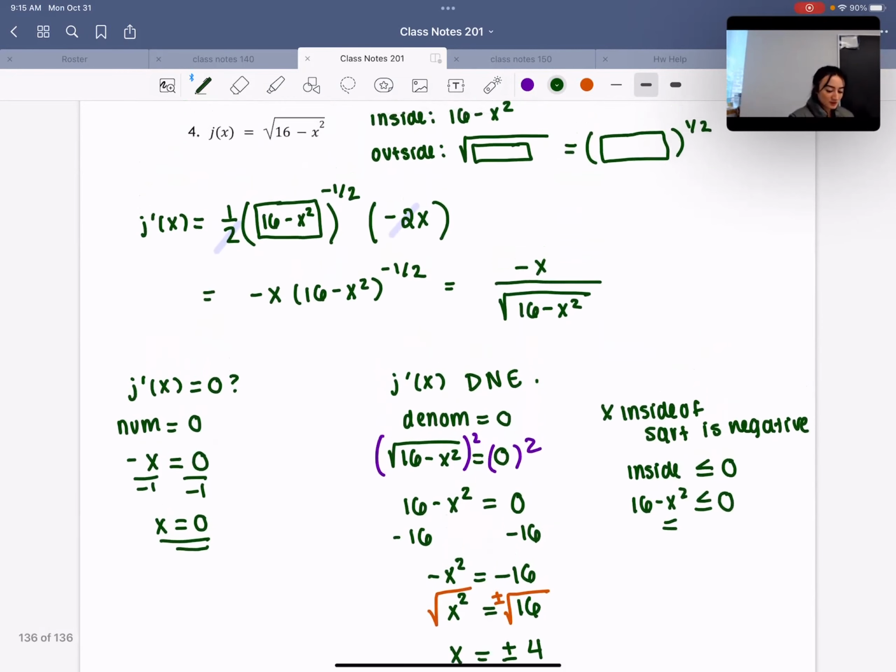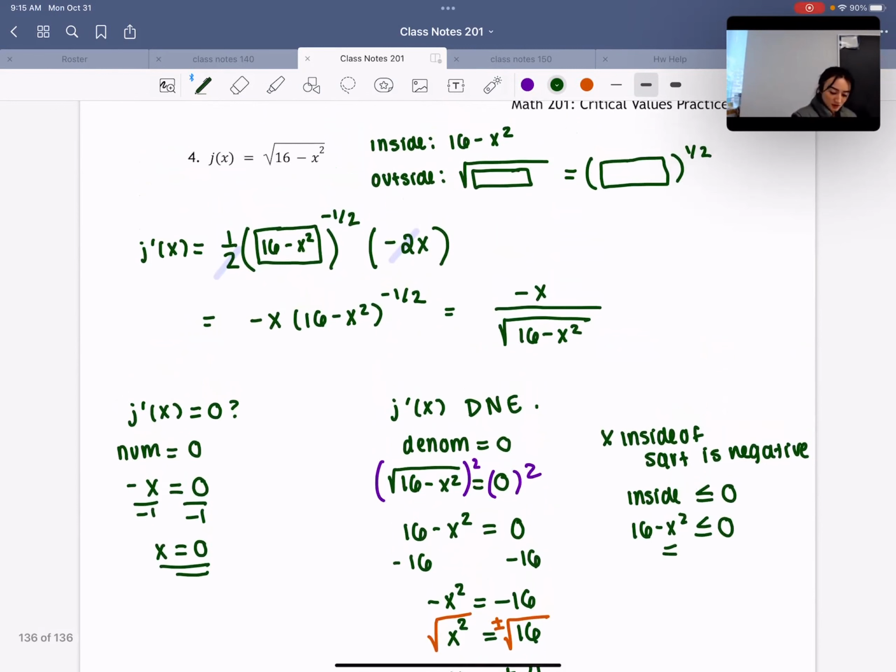If you go back to the question, this square root here is the same square root as the square root in the question, okay? So wherever the inside is less than 0 is not in the domain of my original function, right? So because everything that doesn't work here doesn't work in my function, I already know that if I plugged it into my function, it wouldn't work, okay?